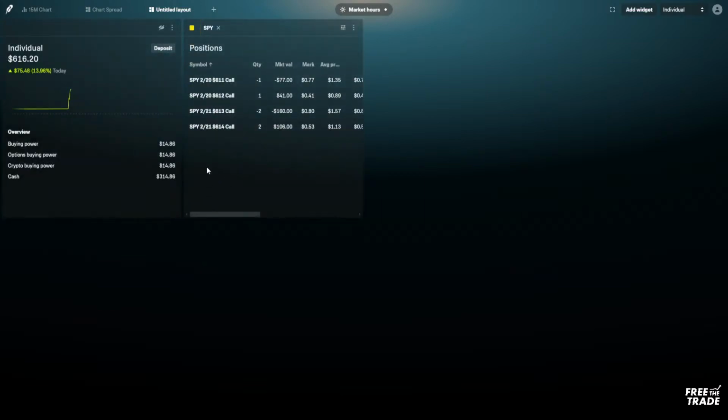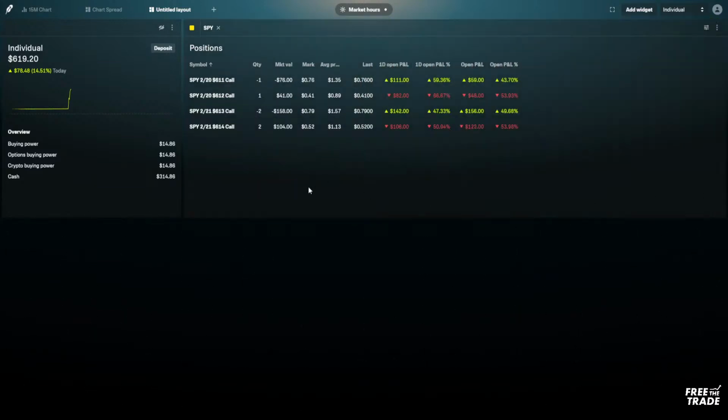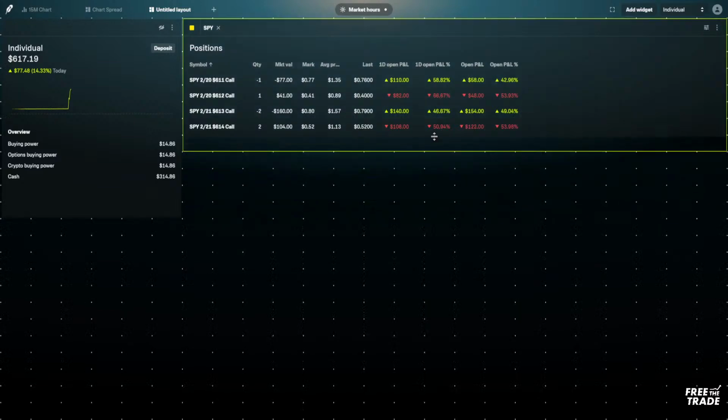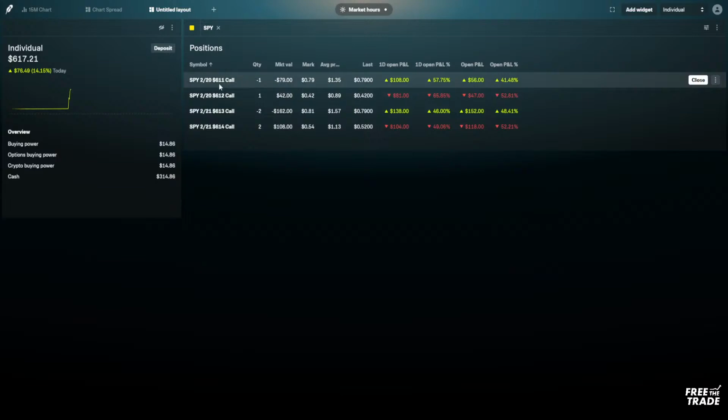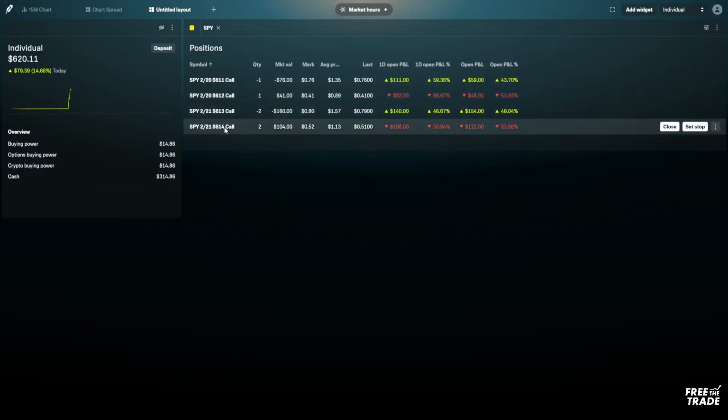Boom. So here's our SPY positions for today. We're currently in a 611, 612 call credit spread, and a 613, 614 call credit spread.